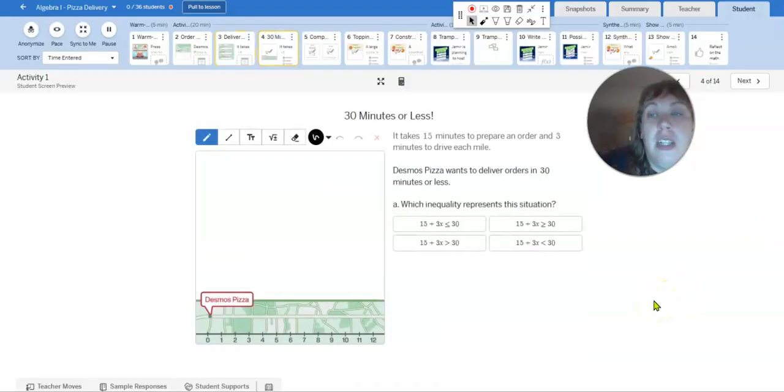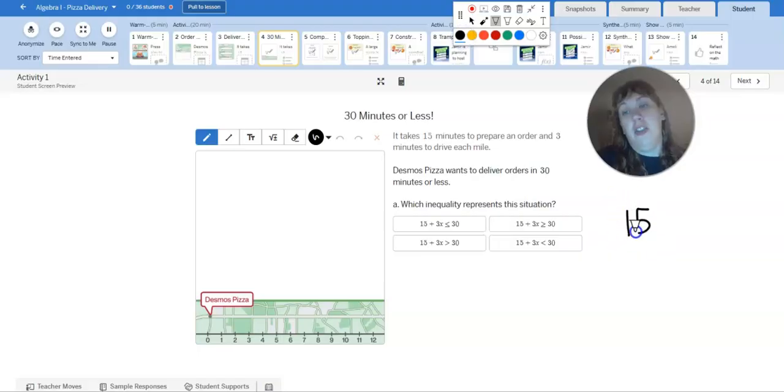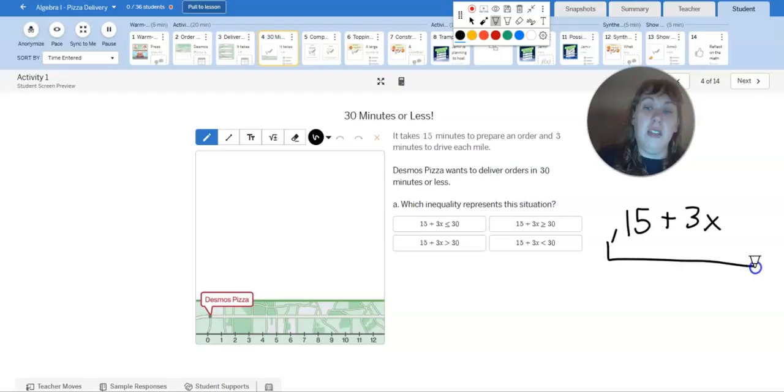30 minutes or less. It takes 15 minutes to prepare an order and 3 minutes to drive each mile. Desmo's Pizza wants to deliver in 30 minutes or less. Which inequality represents that situation? So our expression was 15 plus 3x. So they want this whole amount of time to take 30 minutes or less.